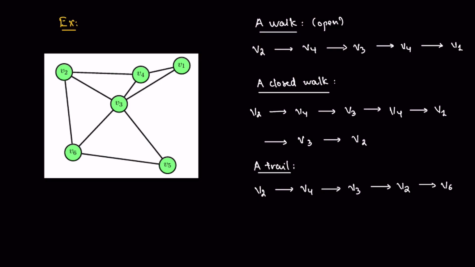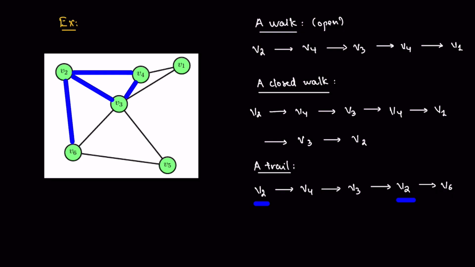So here's for the trail, so V2 to V4, V4 to V3, V3 to V2, and V2 to V6. So here I have repeated vertex, but there's no repeated edge.